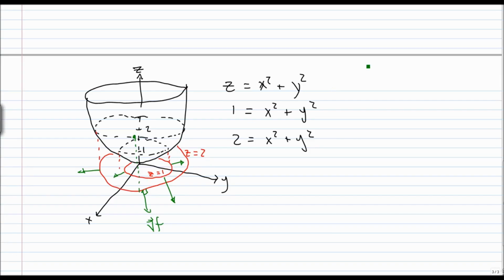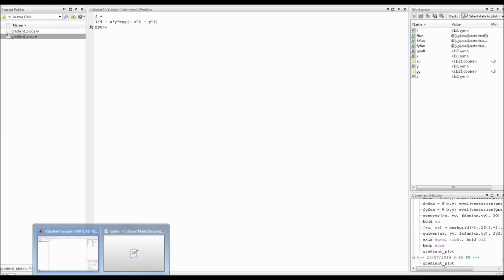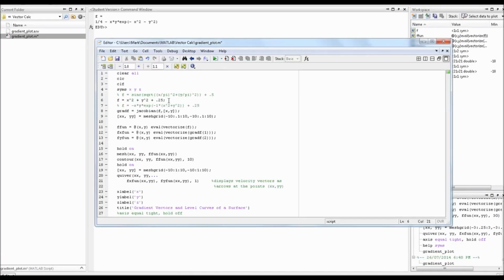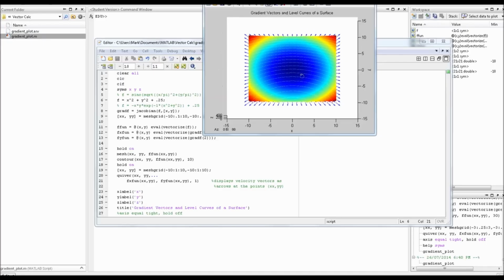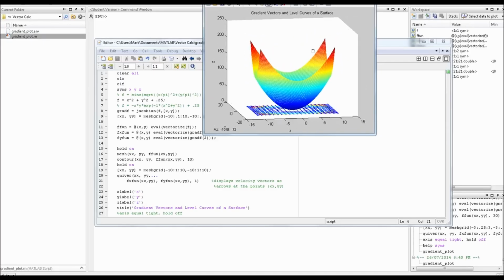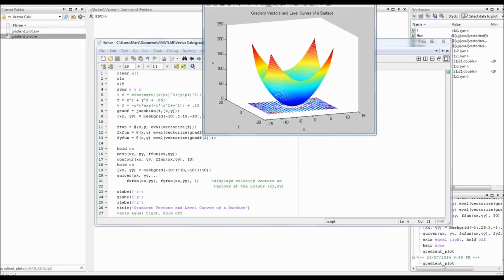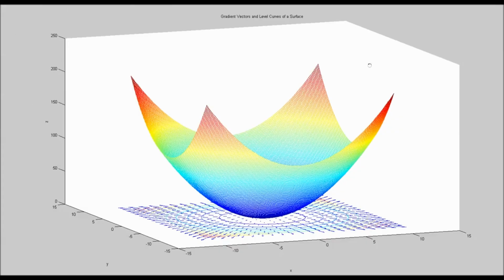I'll show you that here in a sec. Actually, I'll show it to you right now. So here we are in MATLAB. Here is a paraboloid that's been shifted up by 0.25 so that we can see the xy plane below it. What we have right here is our paraboloid, like a three-dimensional parabola.